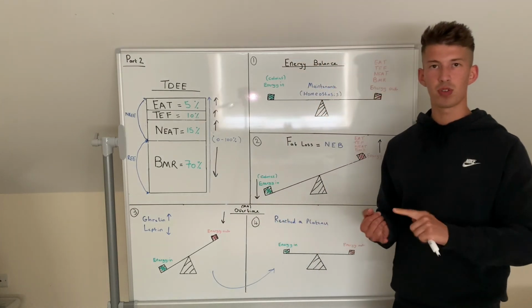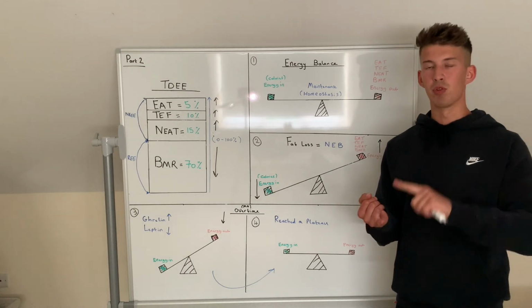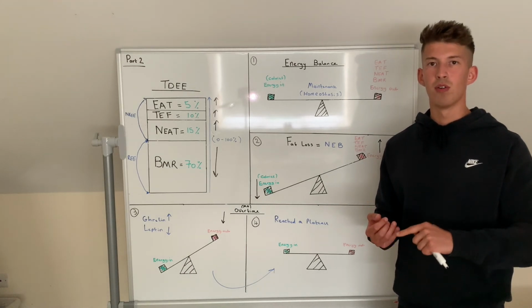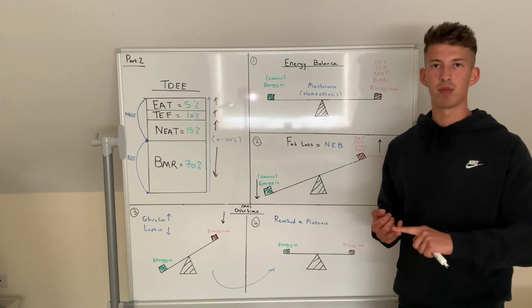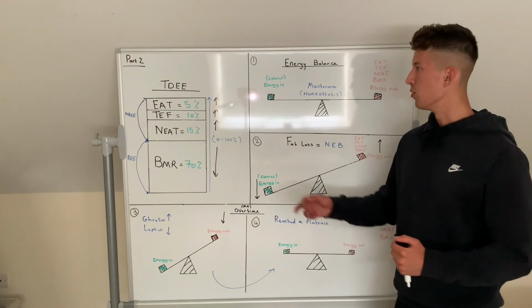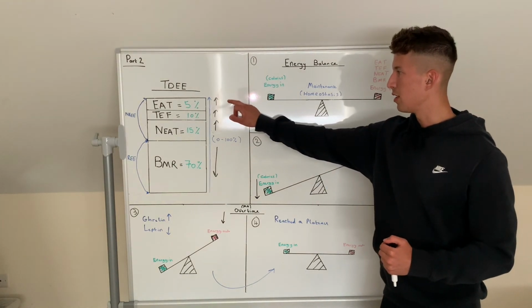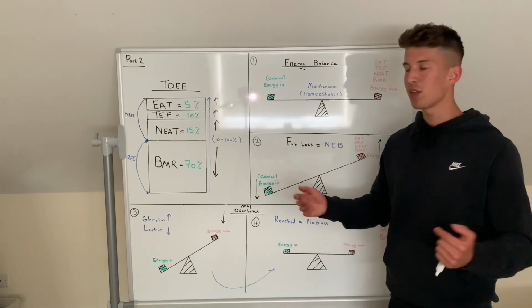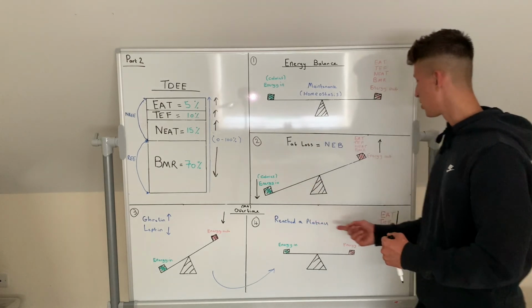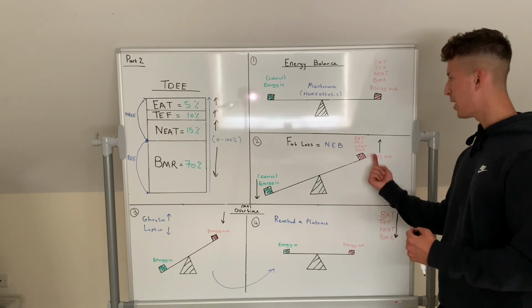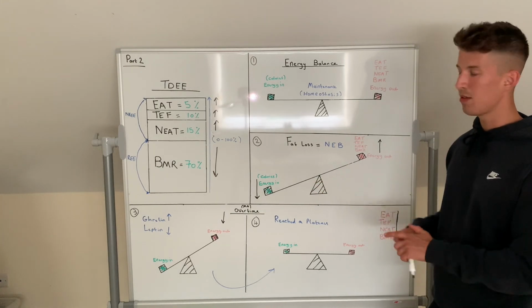So by increasing our training sessions, by making them maybe more intense or longer in duration, or increasing the frequency that we're training or doing cardio, will basically increase our EAT component, or exercise activity thermogenesis, therefore causing the scale to be pushed back up into negative energy balance, okay?